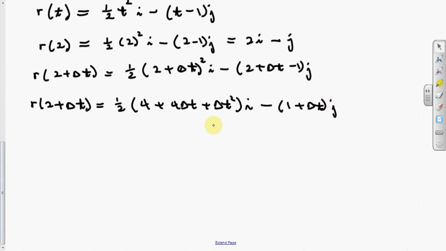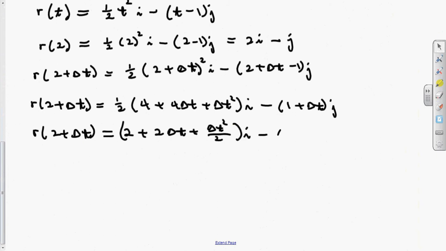Then I'm going to simplify that one more time, and then we'll put the two terms together. Just divide by 2 here, so this is 2 plus 2 delta t plus delta t squared over 2, all times i minus 1 plus delta t times j.